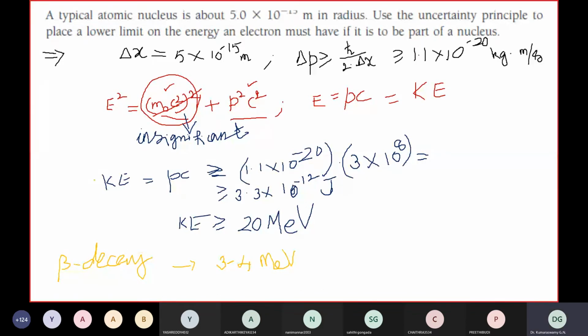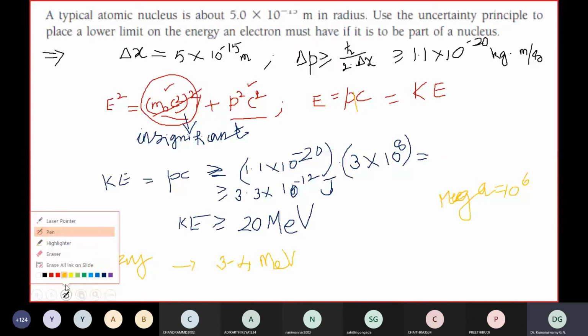In beta decay of the nucleus, we observe the emitted electrons to have energies in the range 3 to 4 MeV.